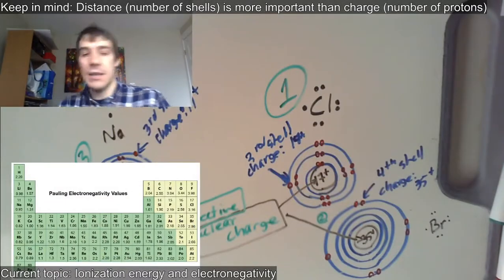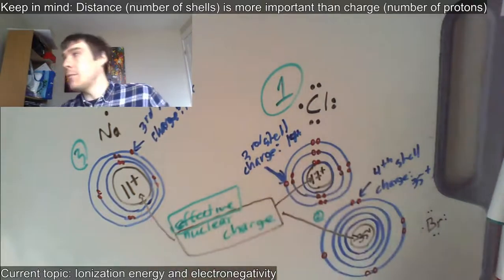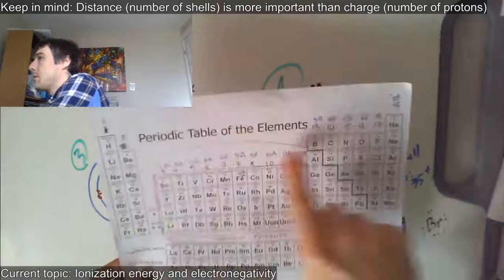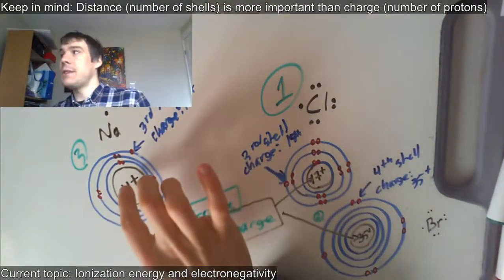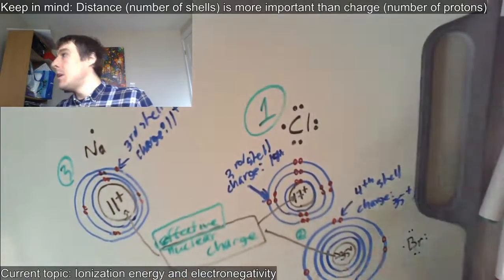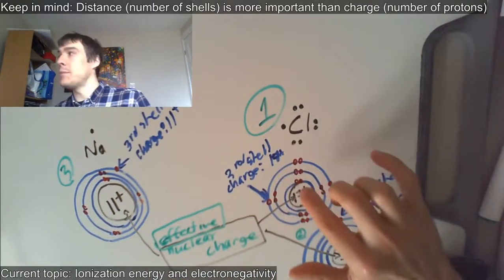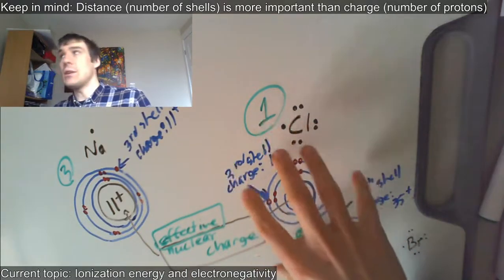Well, if we go back to here, sodium versus chlorine, and they're in the same row, right? Sodium's here, chlorine's here. Sodium has just a charge of 11 with 3 shells. Chlorine has a charge of 17 with 3 shells. Same number of shells, but more positive, and so this will have a stronger pull.